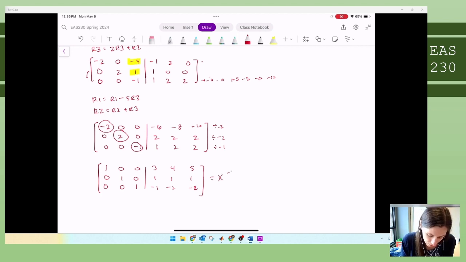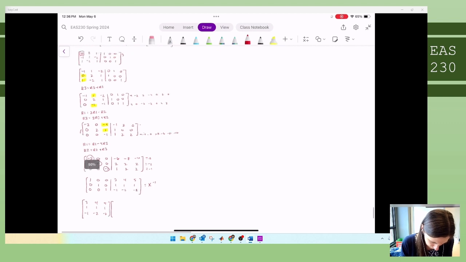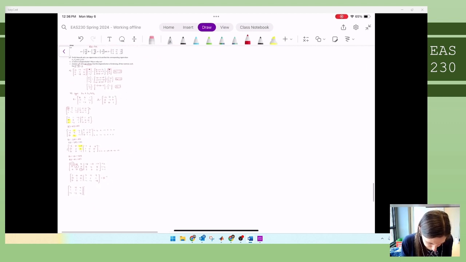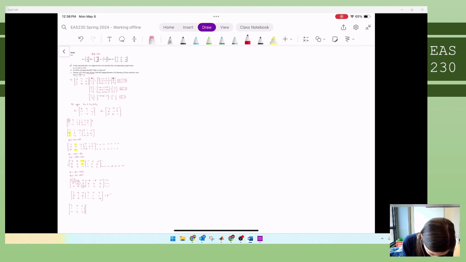This is X inverse. So now I have all of my matrices. So it's X inverse times A. Whatever A looked like. So far away. Oh, that's so tiny. -3, 7, -5, -4, 11, -8, -4, 13, -10.